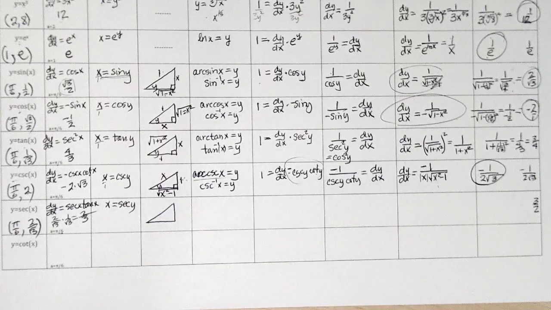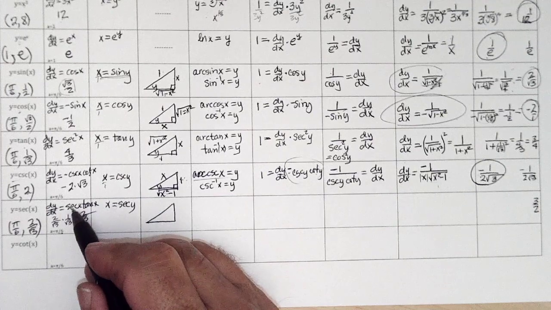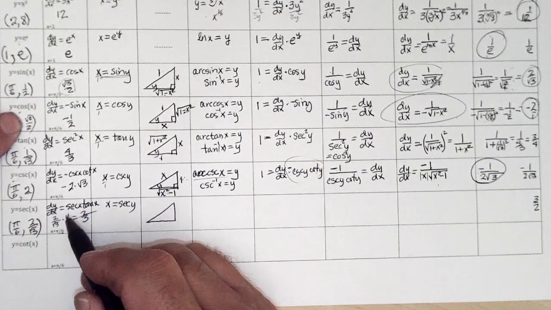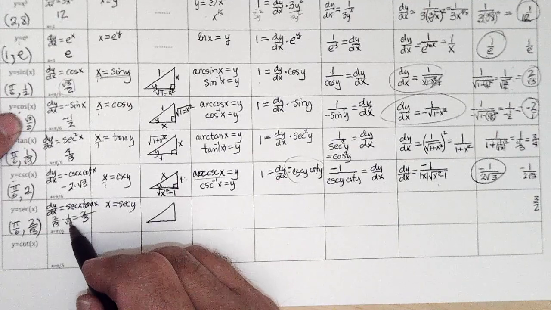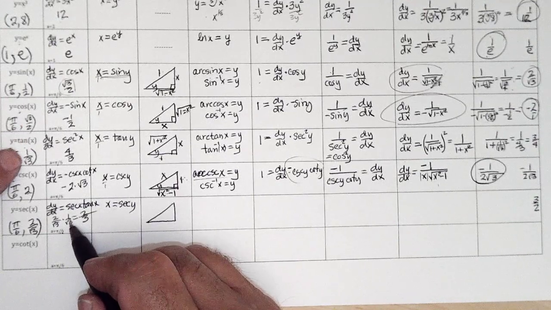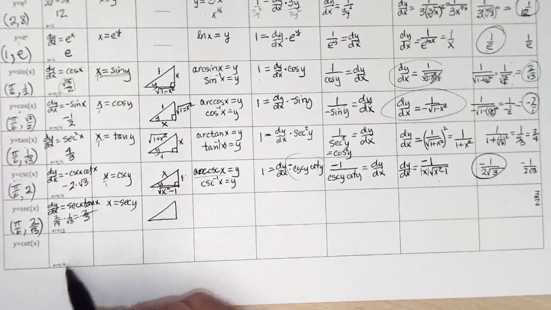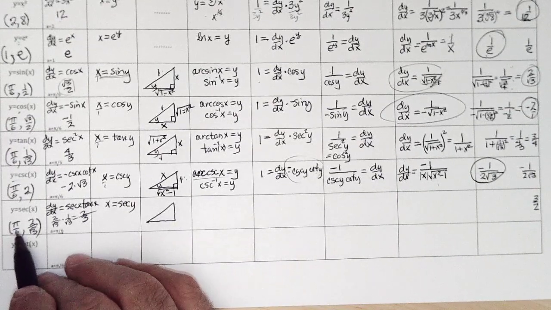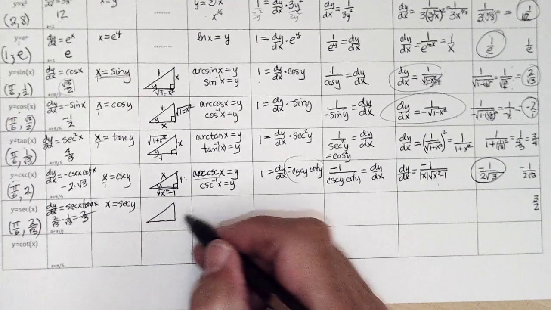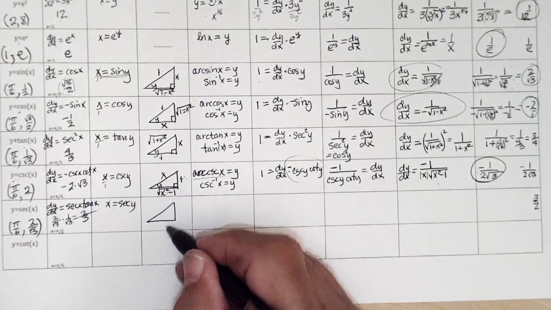Let's see. Secant is the reciprocal of cosine, so it's 2 over the square root of 3 times tangent, which is 1 over the square root of 3, so it's 2/3. Secant of pi over 6 is 1 over cosine. All right, let's see if this works out. I hope I didn't make a mistake here.